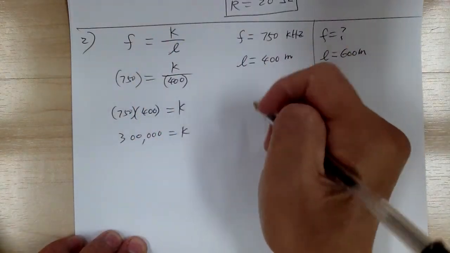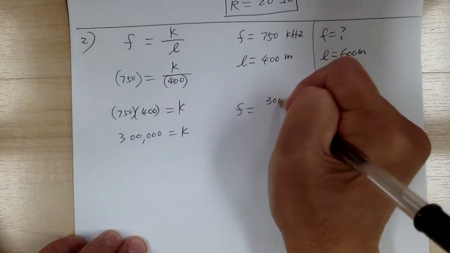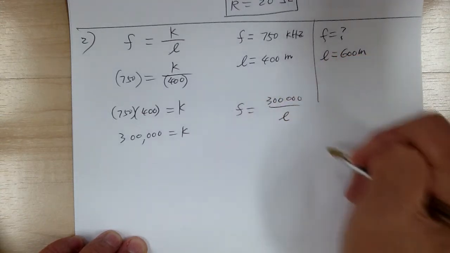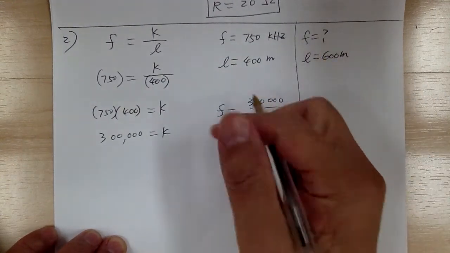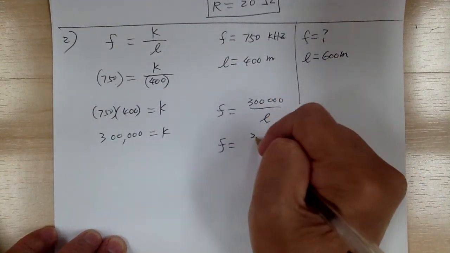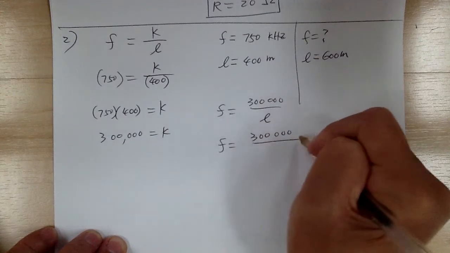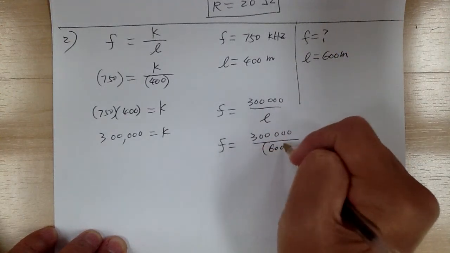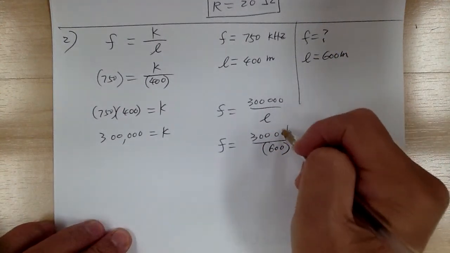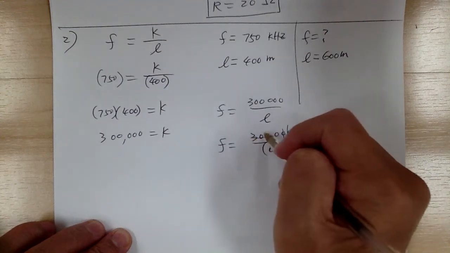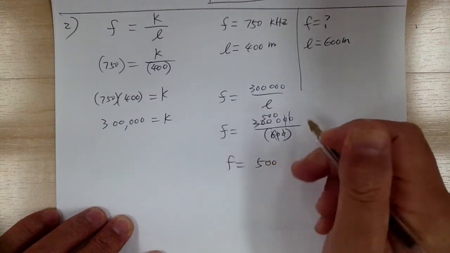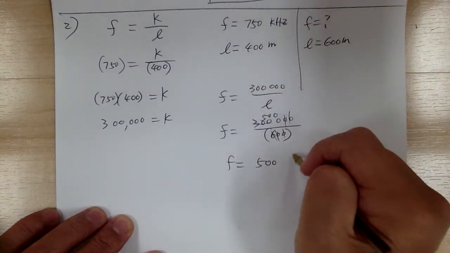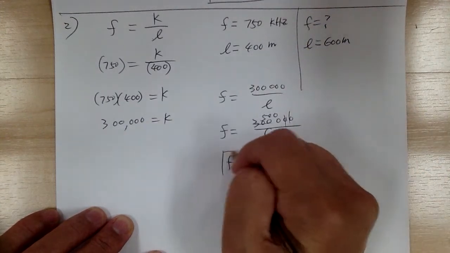So update your equation: F equals 300,000 over L. Now we can use the updated equation to solve. So F, the frequency, equals 300,000 divided by 600. Substitute, and you can cancel. So F equals 500 kilohertz.